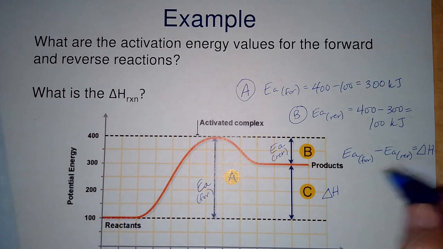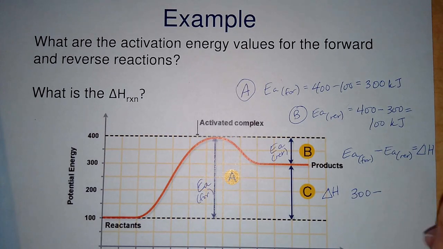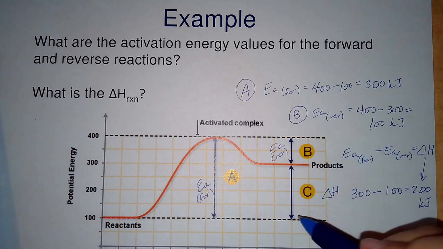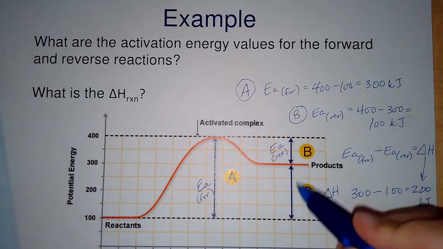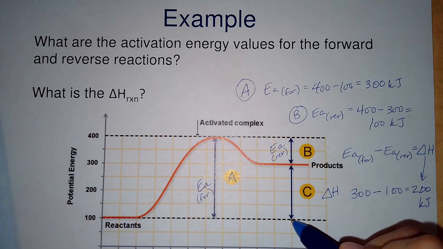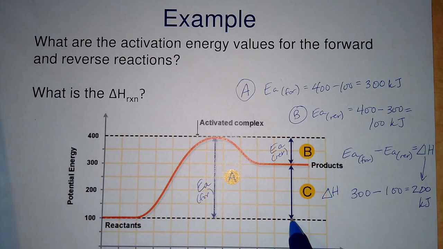Alright, so our activation energy of the forward was 300, of the reverse was 100, so our delta H is going to be 200. Alright, and we can see that when we look at the graph as well. Going from this point where the products are down to where our initial reactants were, we have 300 minus 100. Alright, so that would be our delta H.